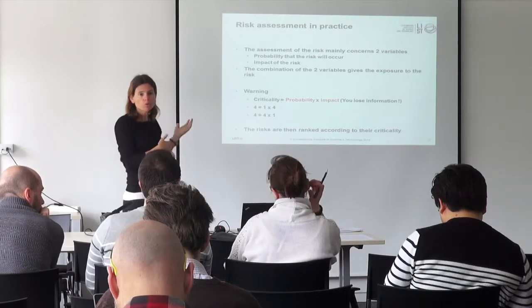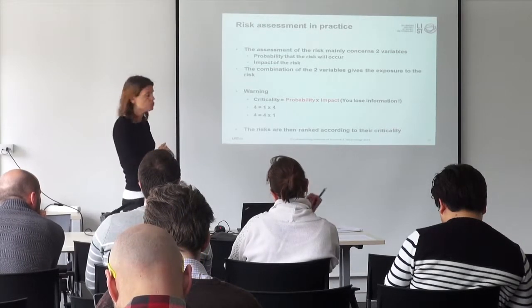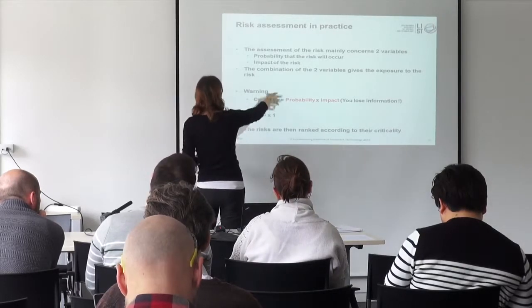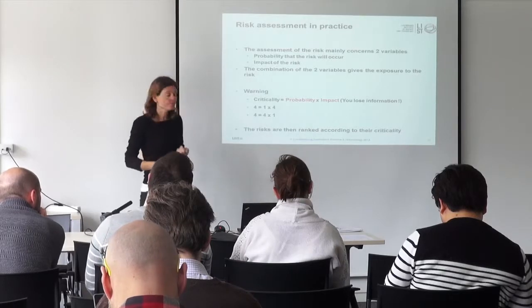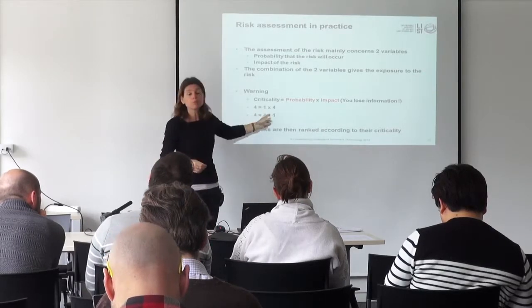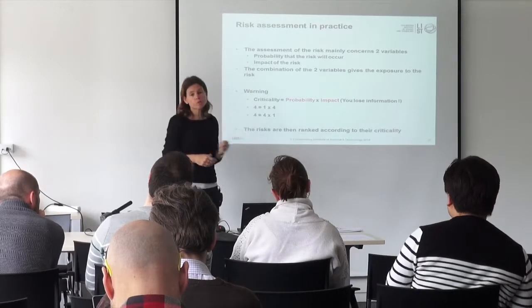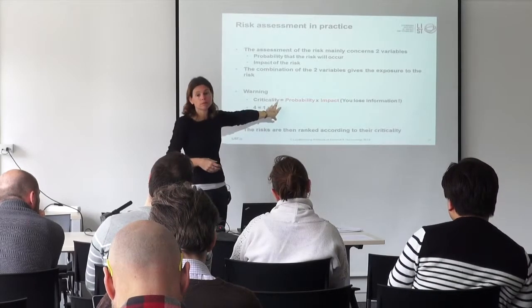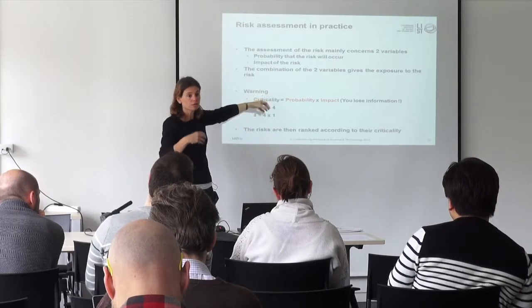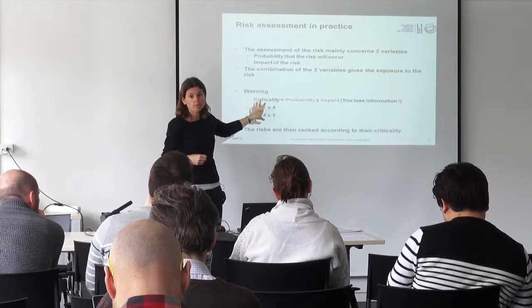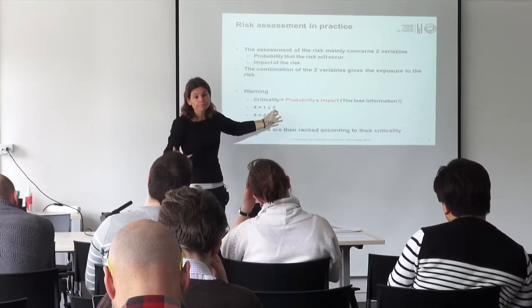So it does not work with all the scales you might use. But if you have some numbers, you could do 1 multiplied by 4 equals 4. But then 4 multiplied by 1 equals also 4. So if I have a low probability and a huge impact, is that risk as important as the one that has a high probability but a low impact?